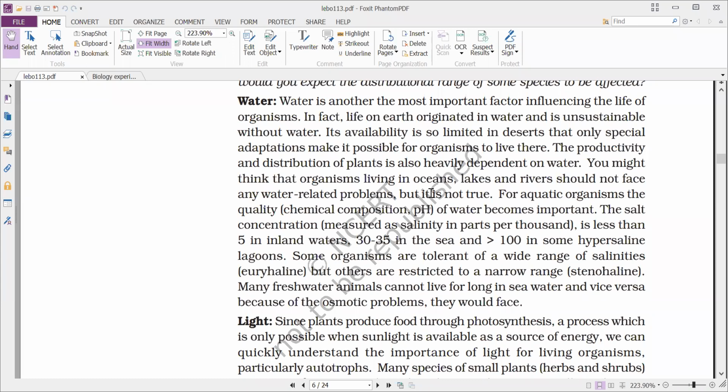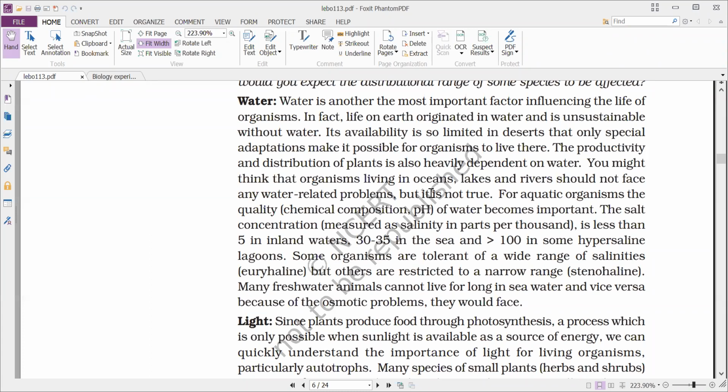There the human settlements have developed. In the same manner for other organisms also, where we find water, there we find more biodiversity. You can see very clearly the Amazon forest, which is present on the bank of the Amazon river.